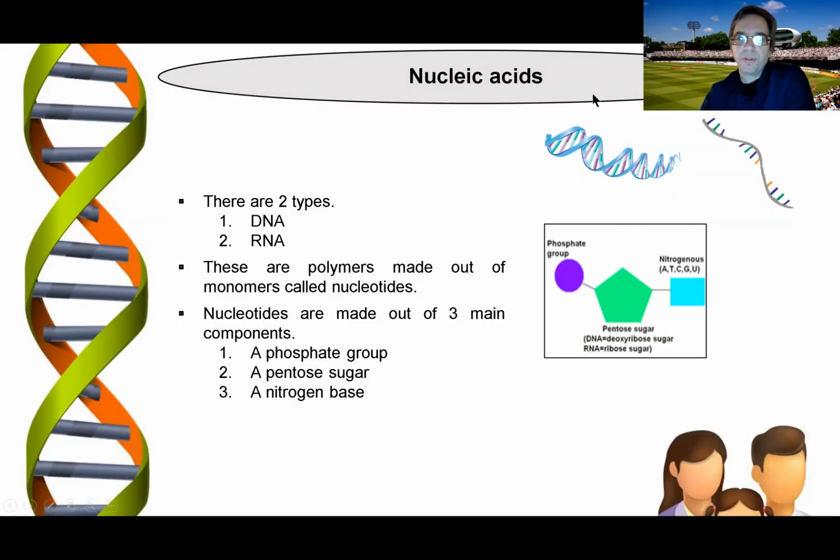The chemical structure you can see underneath is a sugar, phosphate, and a nitrogenous group. This particular one is a pentose sugar, pentose being 5. So you've got the 5 carbon. I'm just going to show you exactly what it looks like.